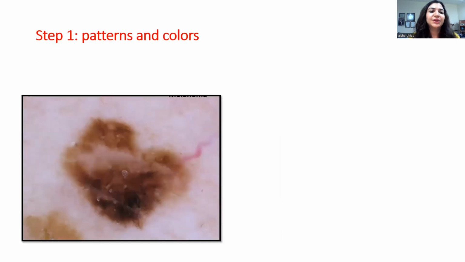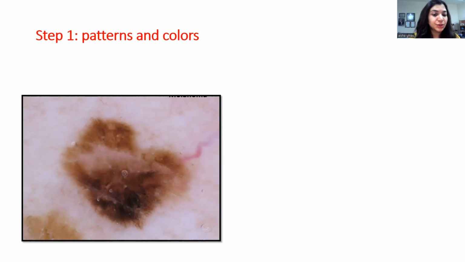Okay. So step one, now just go stepwise and look at some examples. For example, the first is patterns and the colors. Okay, what pattern is it? You have to make up your mind. I'm giving you some time. What pattern is it?